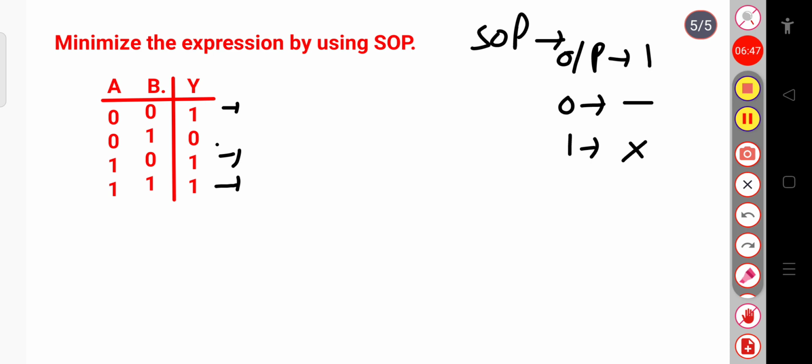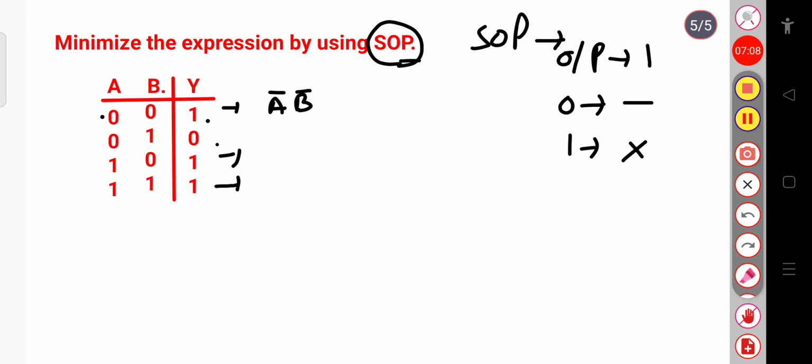So, you can see that here we are taking the sum of the product. So, first of all let us take the product. For this output 1 we will take A 0 B 0, that is why here it will be A bar and B bar, where we have to only take the product first, then we will add.